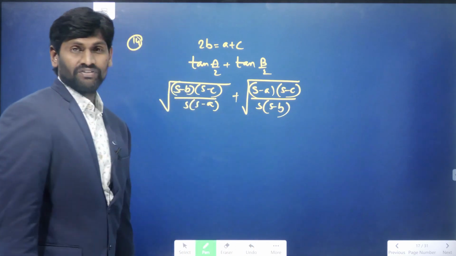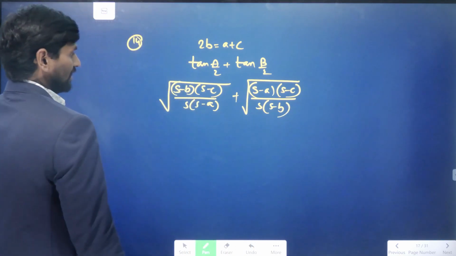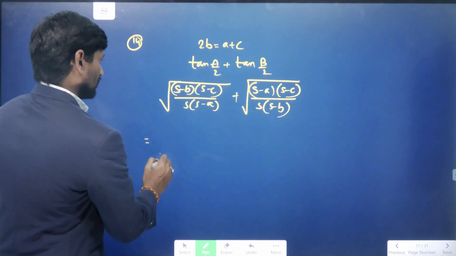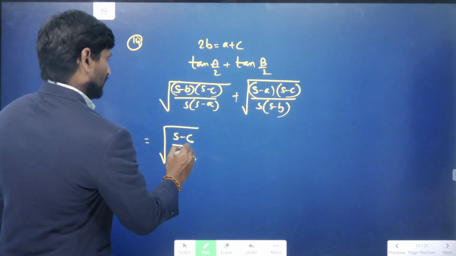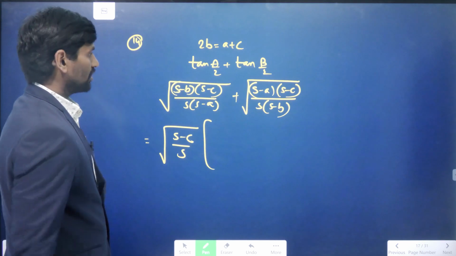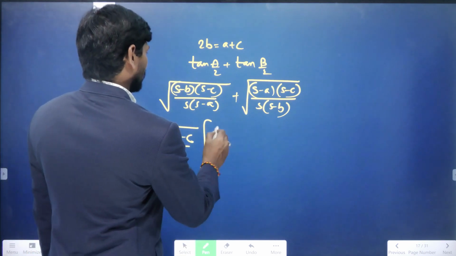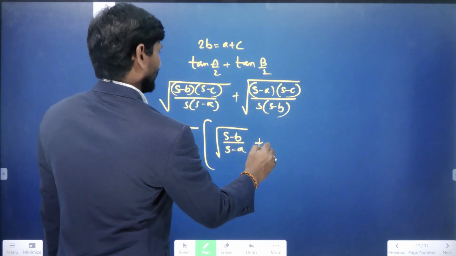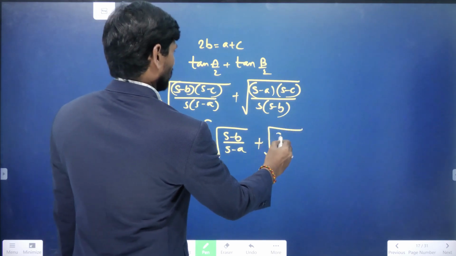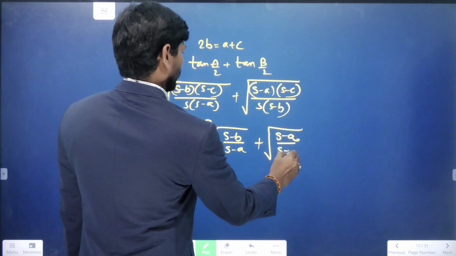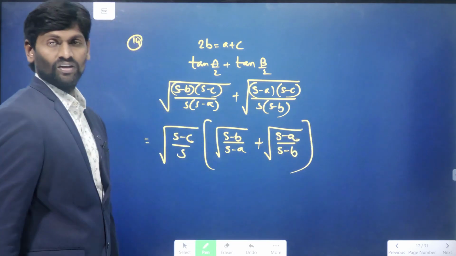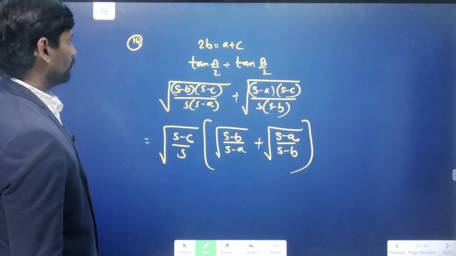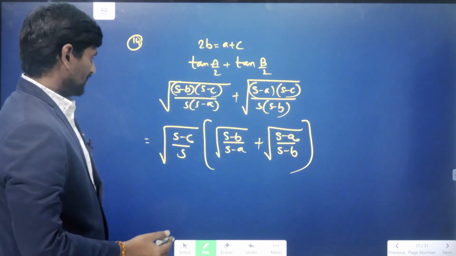Let us try to identify any common terms from both of them. (s minus c)/s is common. So root over (s minus c)/s, take the common term from both of them. What is the remaining here? Root (s minus b)/(s minus a) plus this one, root (s minus a)/(s minus b). And we know that 2b value is nothing but a plus c.